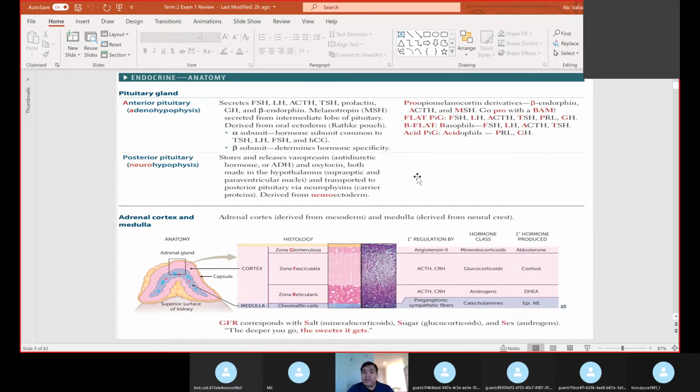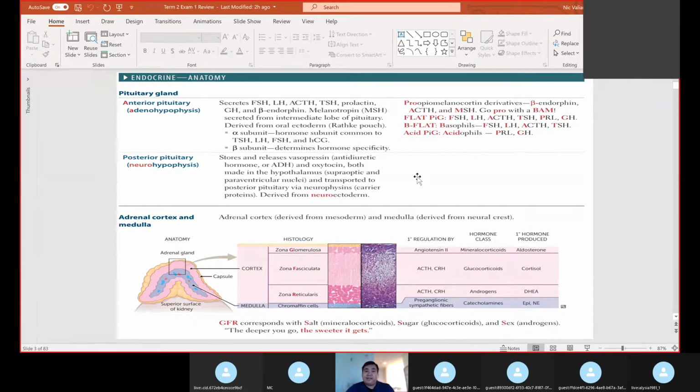If TSH, LH, FSH, and HCG have the same alpha subunit, and we stimulate the alpha subunit of one hormone, it can also increase the level of another hormone that has the same alpha subunit. That's the concept. The beta subunit, however, determines the hormone specificity.